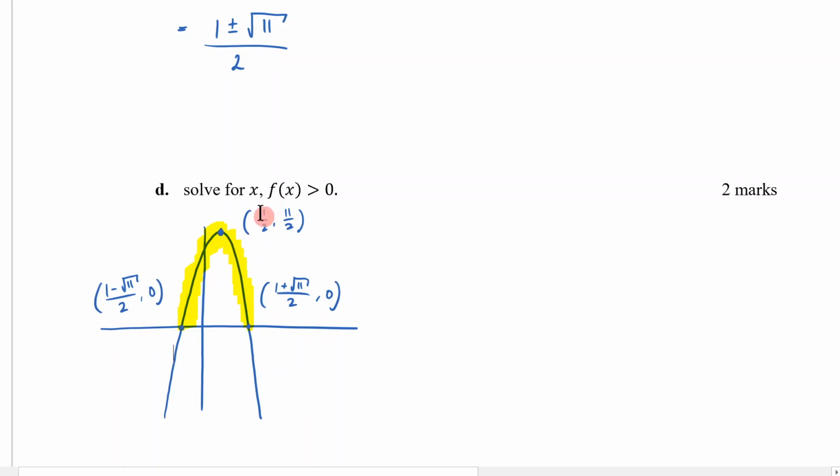So solve for x. For what values of x is my function above the x-axis? What I would say is 1 minus the square root of 11 over 2 is less than x, which is less than 1 plus the square root of 11 over 2.